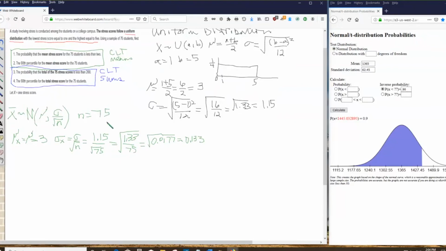Okay, so just to review, this is sigma divided by the square root of n. And remember that you can also make that sigma squared divided by n and then take the square root. So sometimes you need to reverse it a little bit in order to make the math simpler.